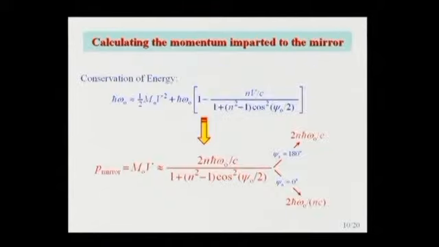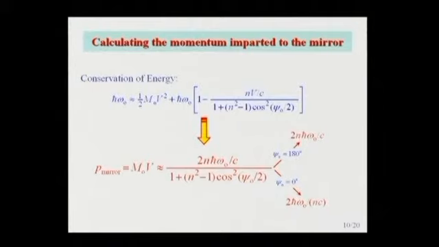Sorry. I'm left with this formula that says mv, the momentum of the mirror, is given by this formula. Using conservation of energy, I now have an expression for the momentum of the mirror. And now you see that if the phase is 180 degrees, then cosine of 180 divided by 2 is 0.